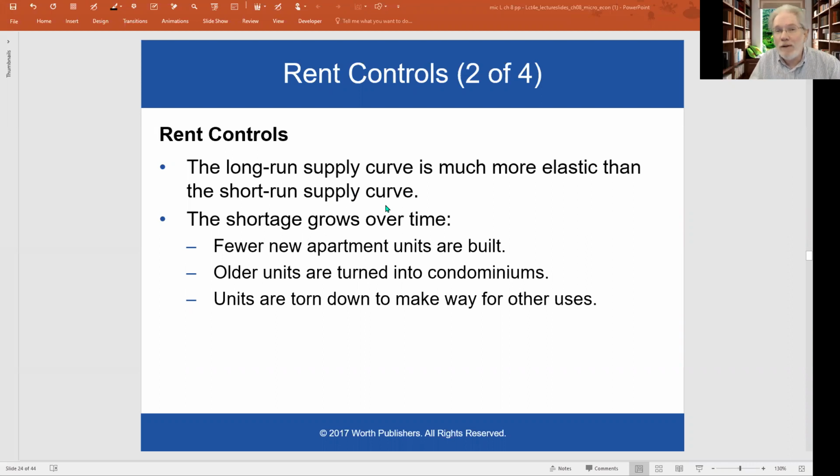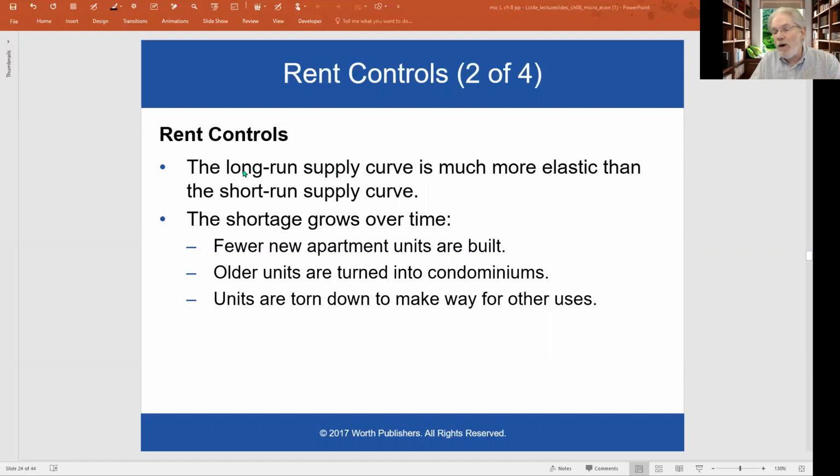That wouldn't have meant anything to you prior to chapter 5, but now you know elasticity represents sensitivity to a price change. So when we say the short run supply curve is not very elastic, it means that when the rent is lowered in the short run, it's not going to have much effect on the quantity that will be supplied.